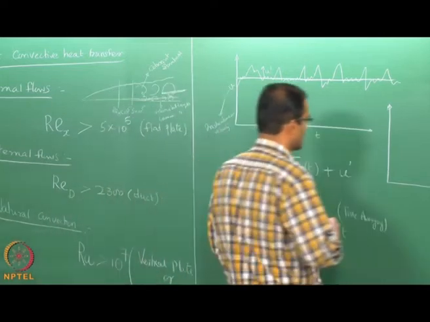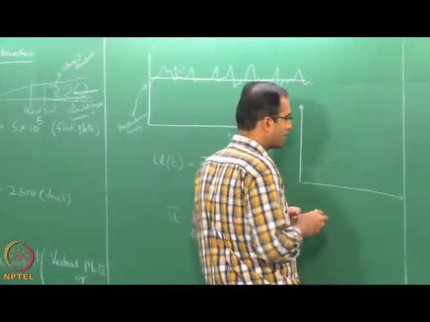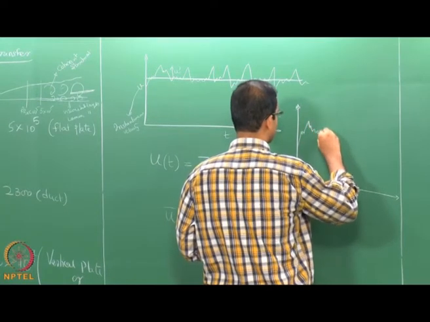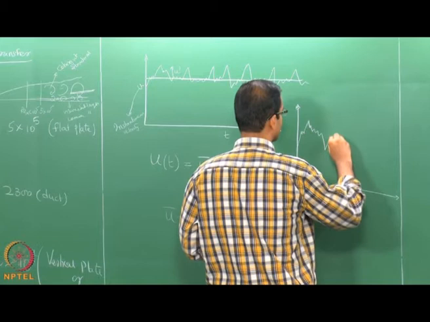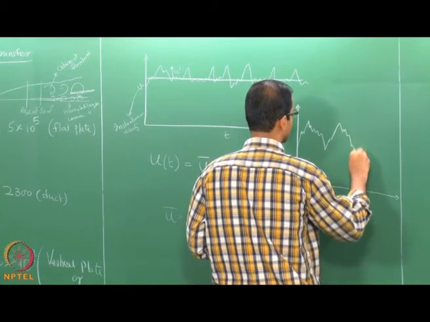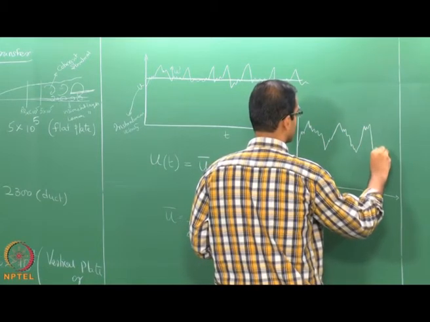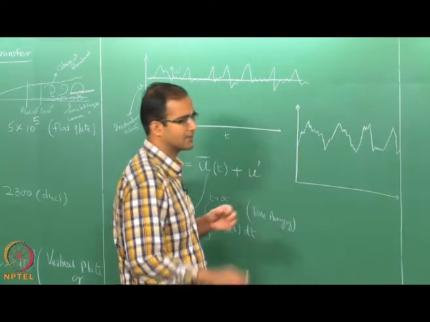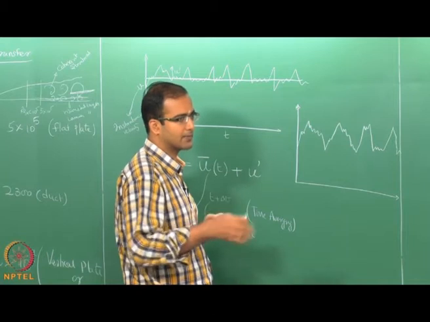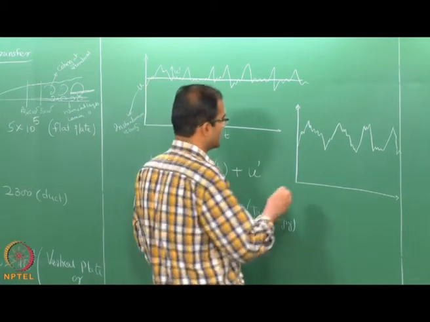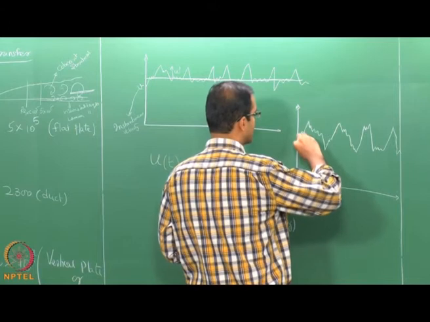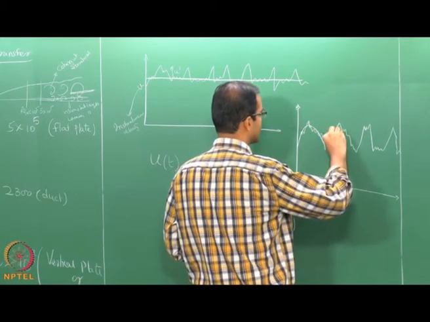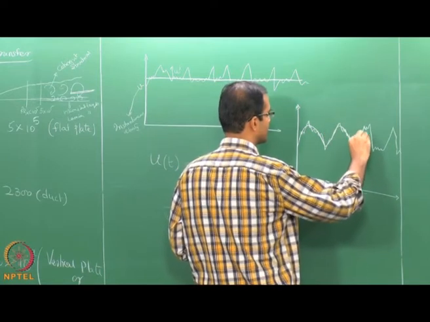Now, if you apply the filter carefully enough, for example, if you have an instantaneous velocity something like this, so some kind of waviness which comes in time, but it is periodic and repeatable. So, if you apply the averaging filter carefully, you should be able to construct a pattern which is repeating and periodic.